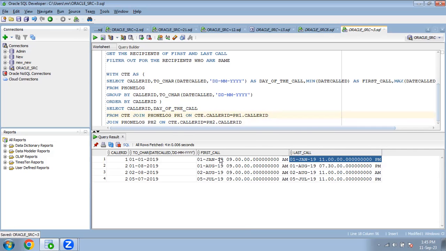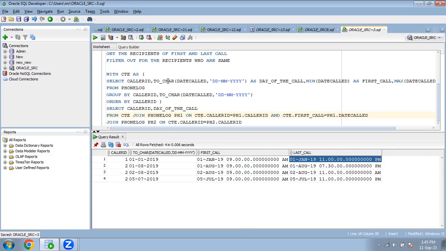One is caller ID, second is to get the first call detail. From the CTE we have min and max date, right? From the CTE I have this first call, equal to the ph1 dot date called, correct?